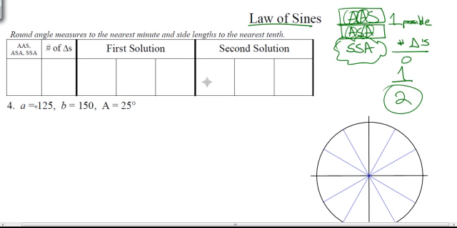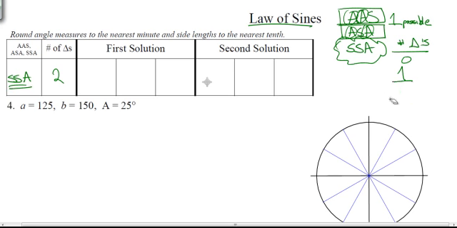For the purposes of teaching you how to find those two solutions, I'm going to simplify it and tell you that in these two examples I'm going to show you, there are two solutions. Again, this gets more in depth because you will be expected to find out on your own how many triangles there could be in a side-side-angle situation.